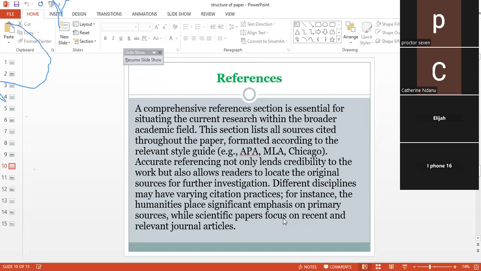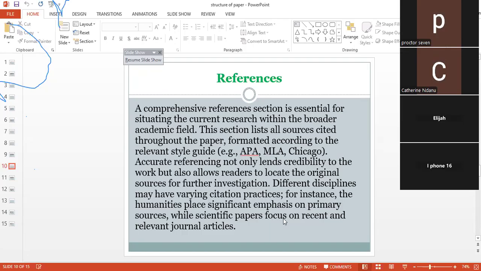Most journals are very keen on references because they show the documentation style, and they also show that you have not stolen people's ideas, that when you borrow people's ideas, you acknowledge.